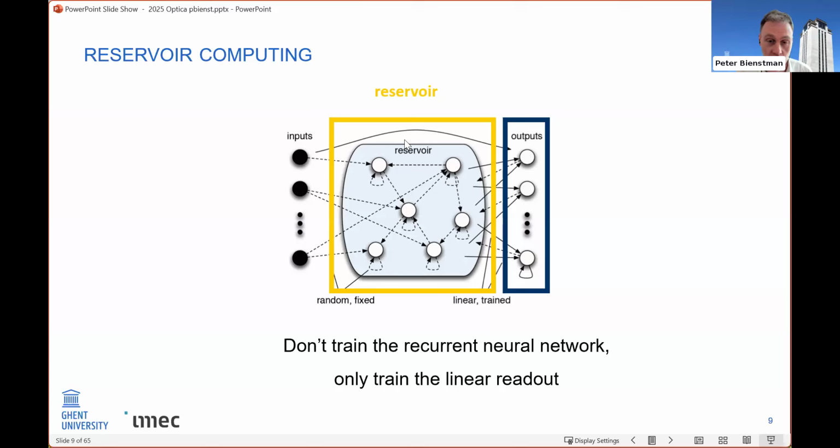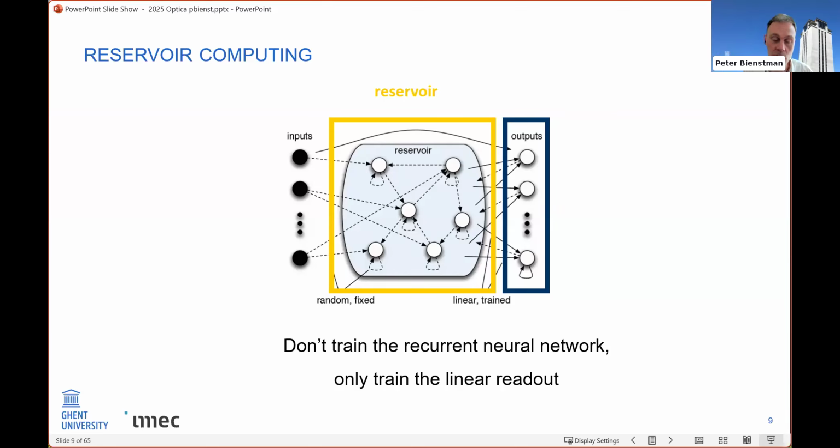Obviously, we still need a system to be able to perform some sort of useful task. And this is where the second layer comes into play, which is the output layer over here. But this is an extremely simple layer. It's just taking linear combinations of all of the different time sequences that happen at the different nodes in the reservoir. And since this is basically linear regression, it's something that you can do very easily with a single line of Python or MATLAB code or whatever.